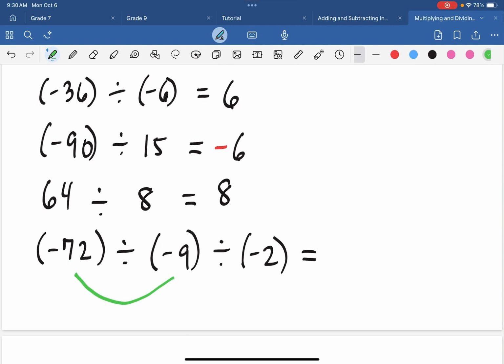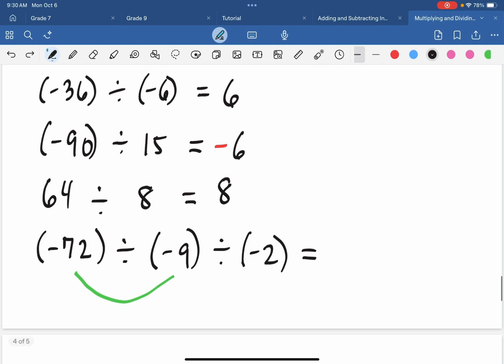Obviously, negative divided by negative is positive. So for the first two, the result is positive. So 72 divided by 9 is 8. And 8 divided by negative 2 is negative. So positive divided by negative is negative. So our result here is negative. Now 8 divided by 2 is 4. And that ends our discussion for today.